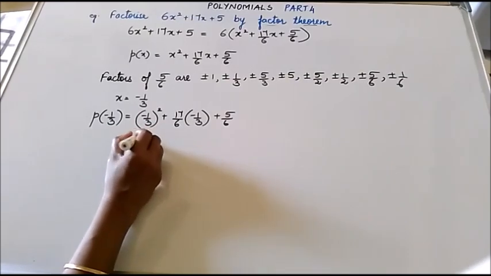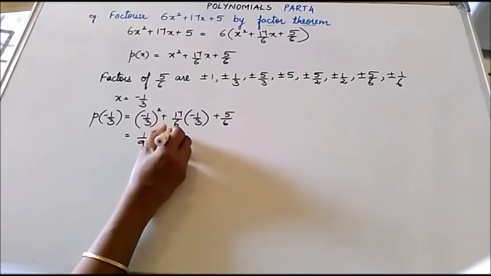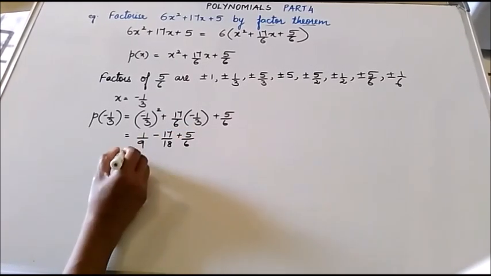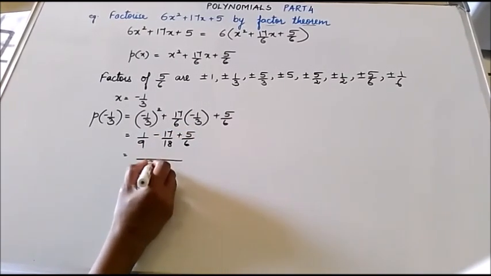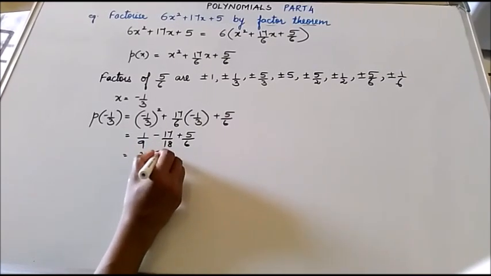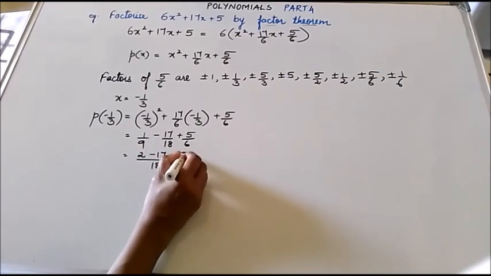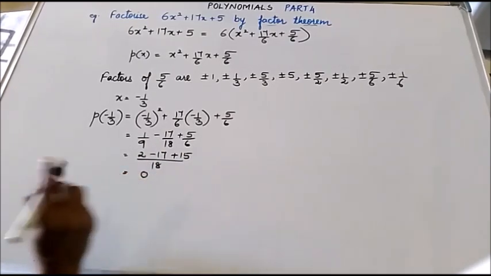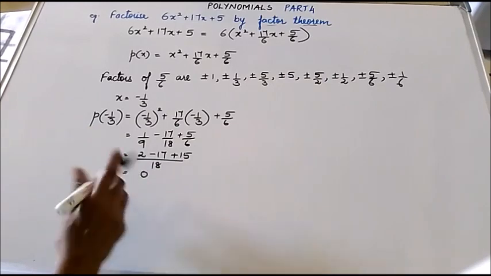This will give us 1 by 9 minus 17 by 18 plus 5 by 6. I take the LCM, that is 18. We get here 2 minus 17 plus 15. This will give us 0 divided by 18, that is 0. So we find the remainder is 0.